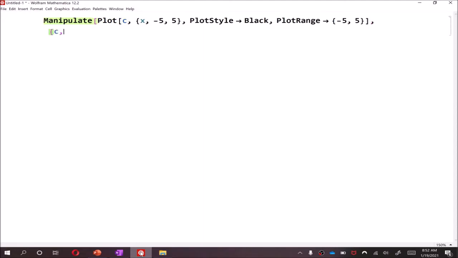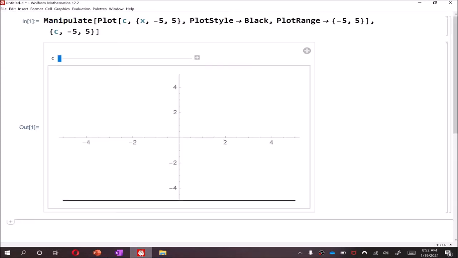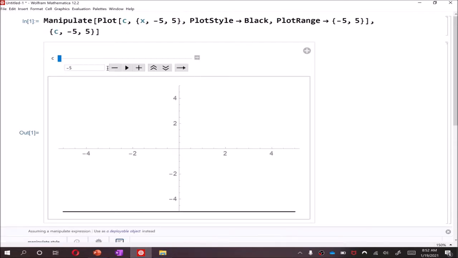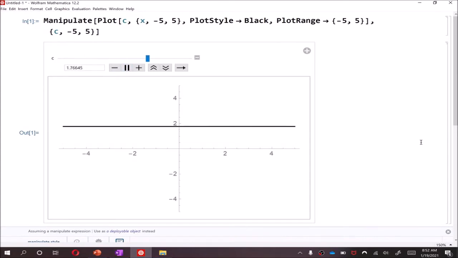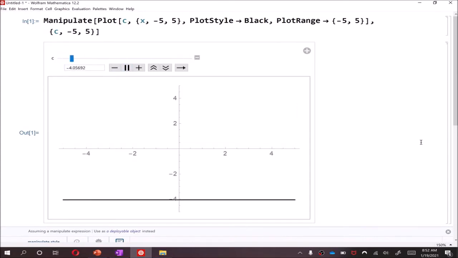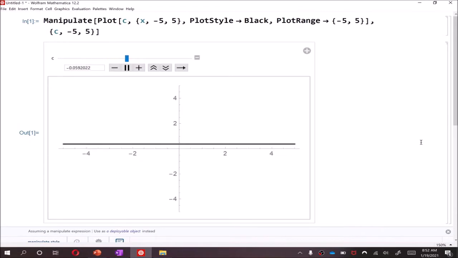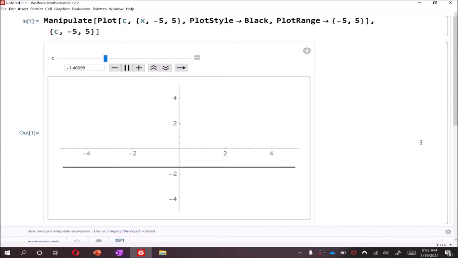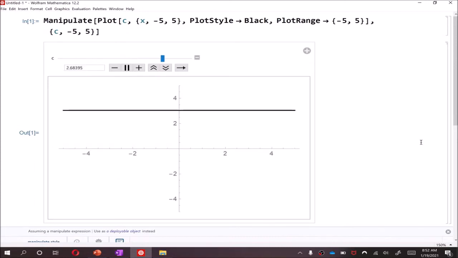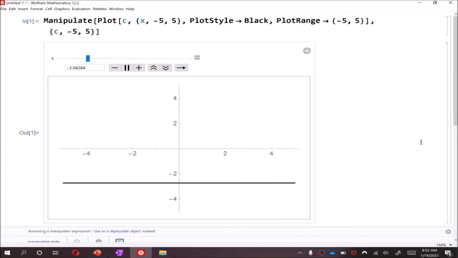And we'll let the constant c range from minus 5 to 5, just to see what we get. And if we just go ahead and let this play, we can see that no matter what the value of c is, the limit of that c will always just be c.